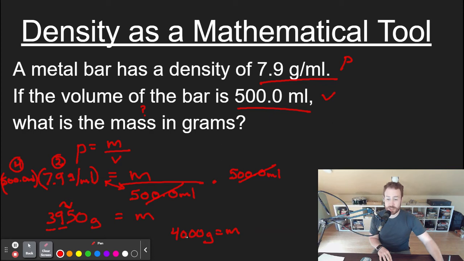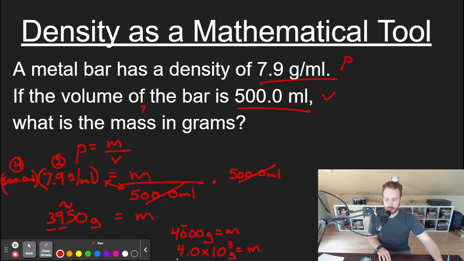But this first zero is significant. This number looks like it only has one sig fig, but actually the first zero is significant. There's a couple ways you can indicate that. One is to write a line above that zero, and that says that this is actually the last significant figure. But the way that I prefer would be to switch this to scientific notation and say that it's 4.0 times 10 to the third grams.